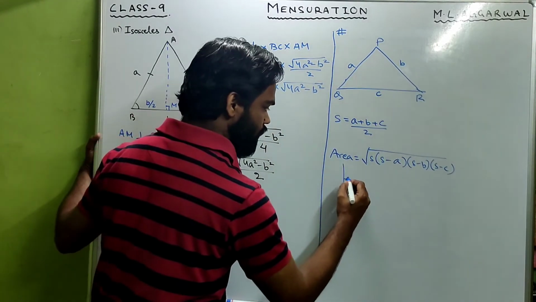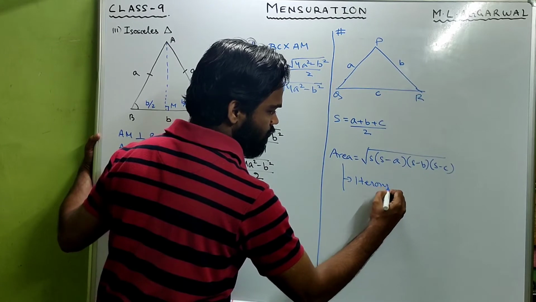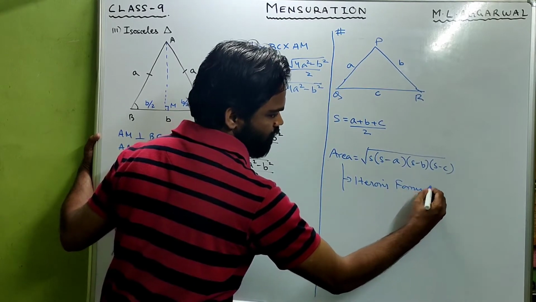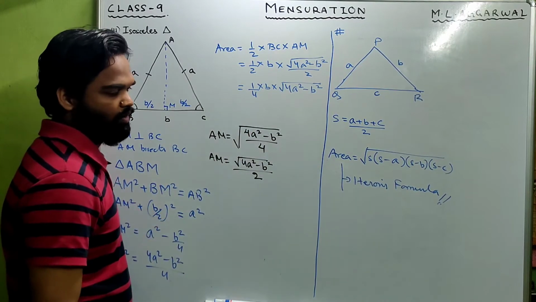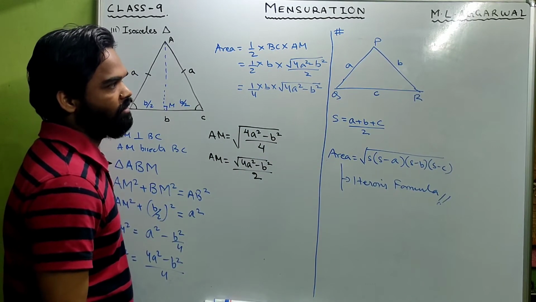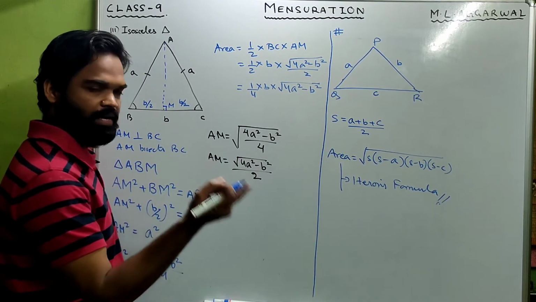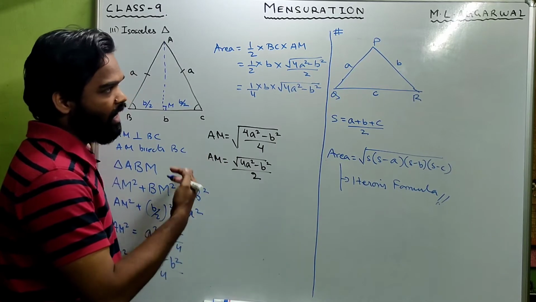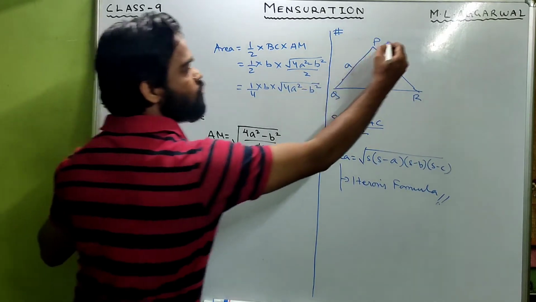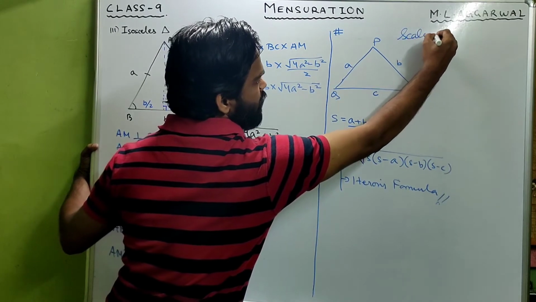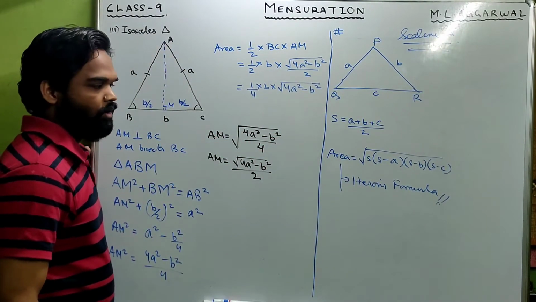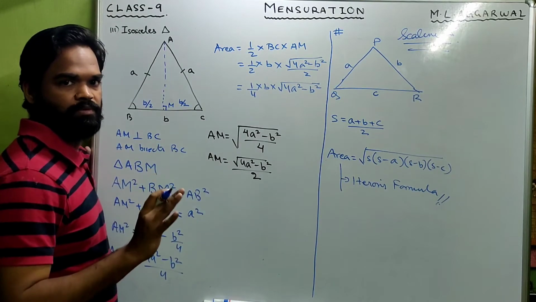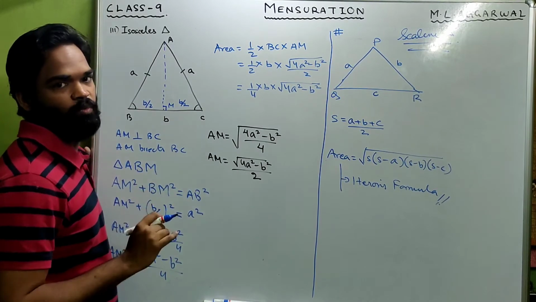And this is known as Heron's formula. This formula I'll derive in a video, so don't worry about that. So we have discussed right angle triangle, equilateral triangle, isosceles triangle, and this one was scalene triangle. Clear? Now let us look at the sums from exercise 16.1.